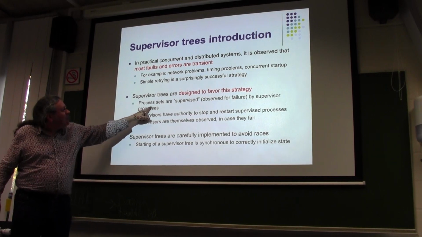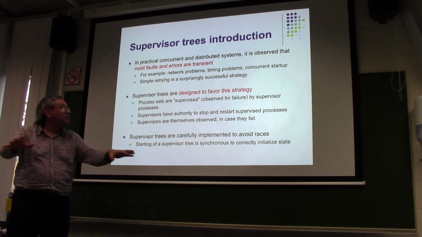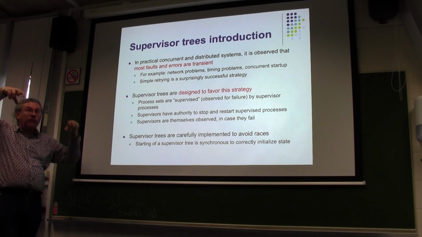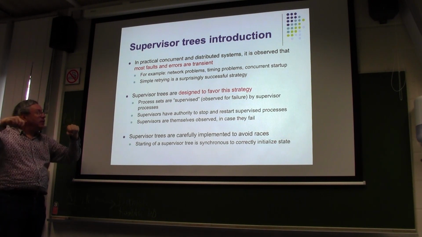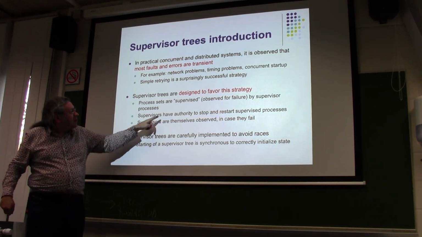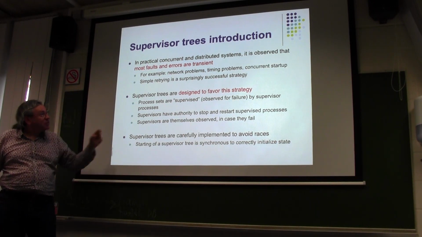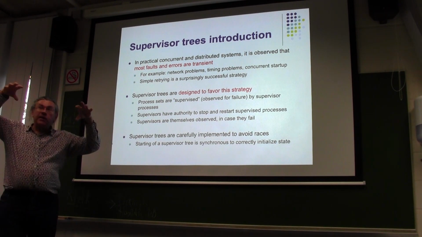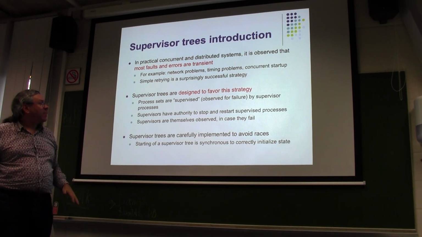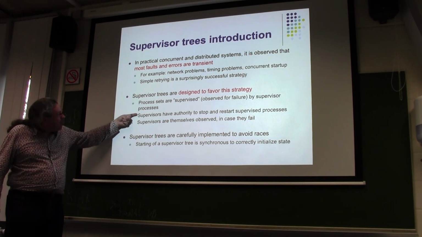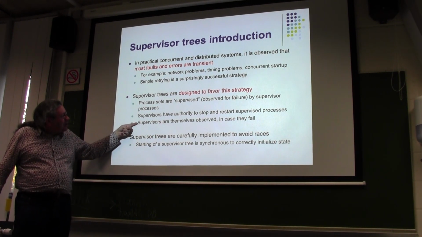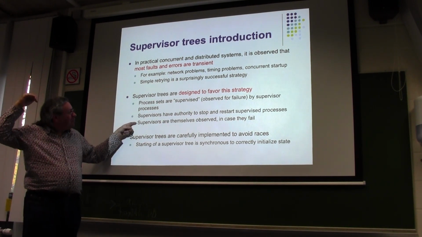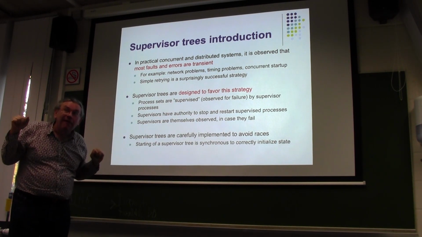So you have a set of processes that are doing the work, applications running, and they're all linked to these supervisor processes, using the linking we saw. And the supervisors have authority, so they can stop and restart these supervised processes. They can restart the whole system. Okay? And what's really interesting is that very often you have two layers. What happens if the supervisors fail?